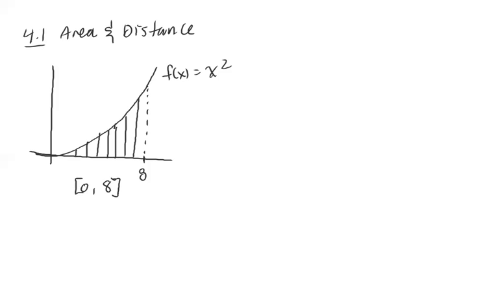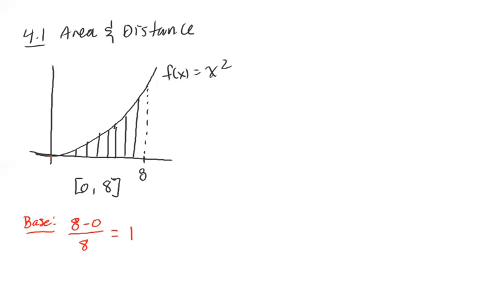Let's first start by figuring out the base of each rectangle. I'm taking the distance from 0 to 8, which is 8 minus 0, and dividing that into 8 pieces because I have 8 rectangles. So that's 8 over 8, which gives me 1.